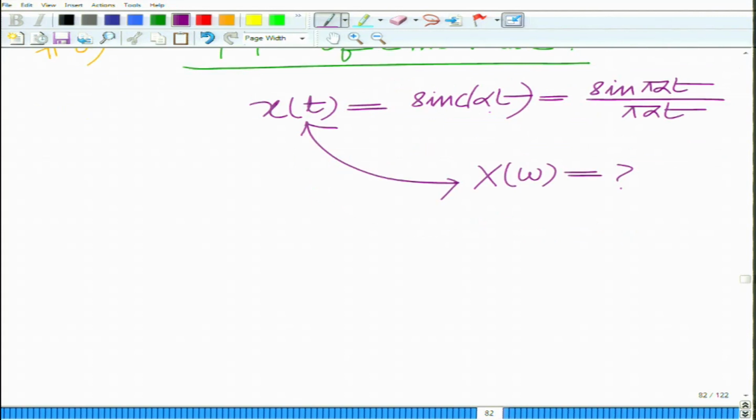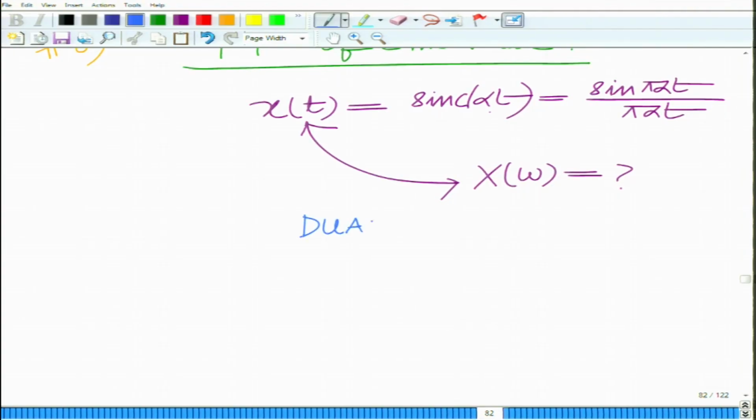We can use the duality principle. Naturally, we know that the Fourier transform of the square pulse is the sinc in the frequency domain. So, using duality, if you look at the sinc pulse in the time domain, its Fourier transform must be related to that of a square pulse in the frequency domain.